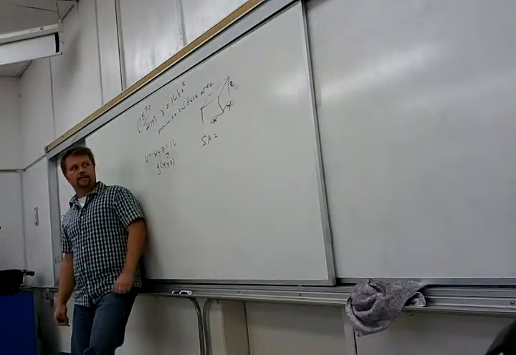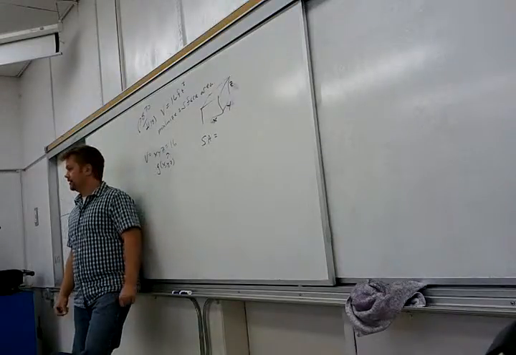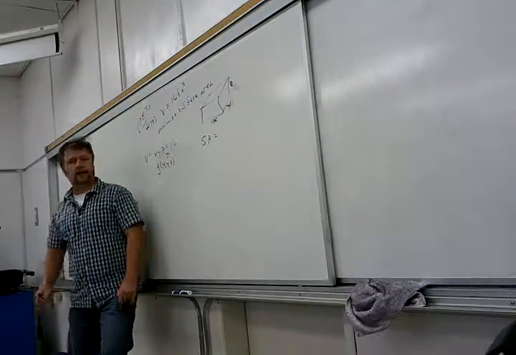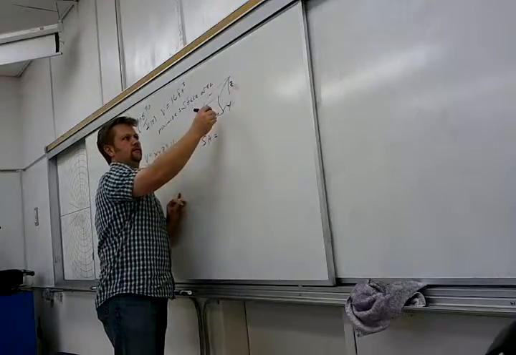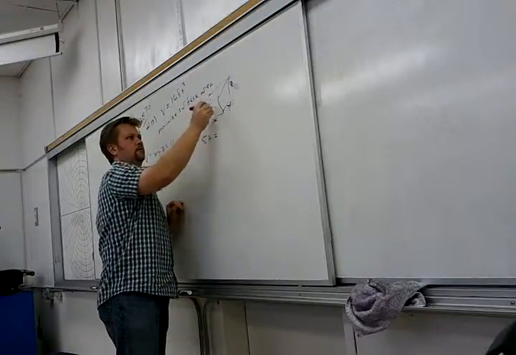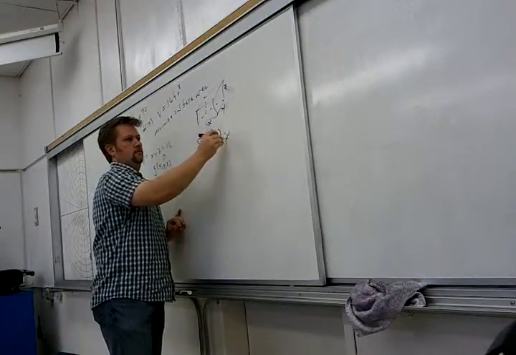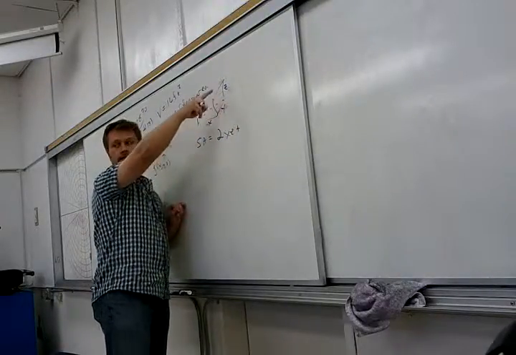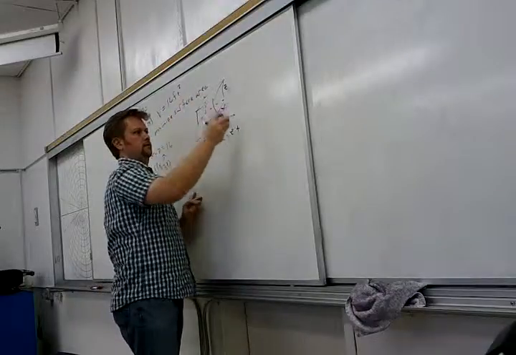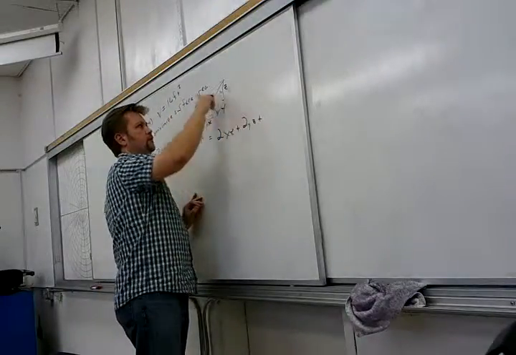So how many xz's do you have? This is xz here, and this is xz in the back, so I have two xz's. I have two yz's, right? Two yz's. And then I have the top and the bottom.